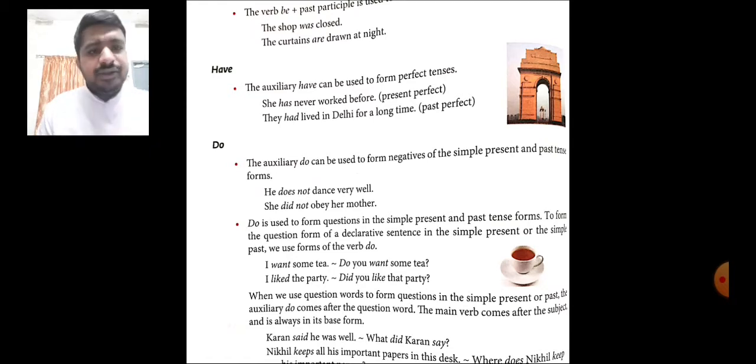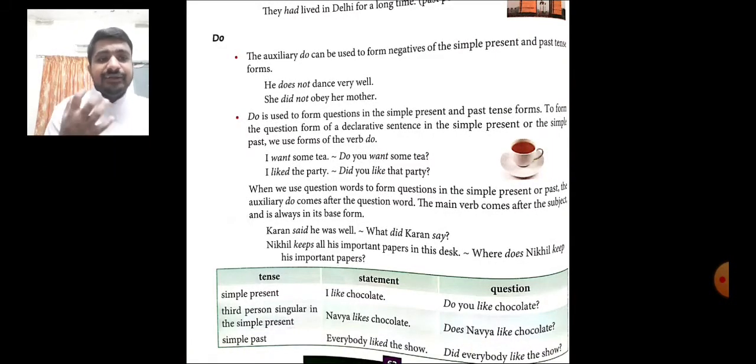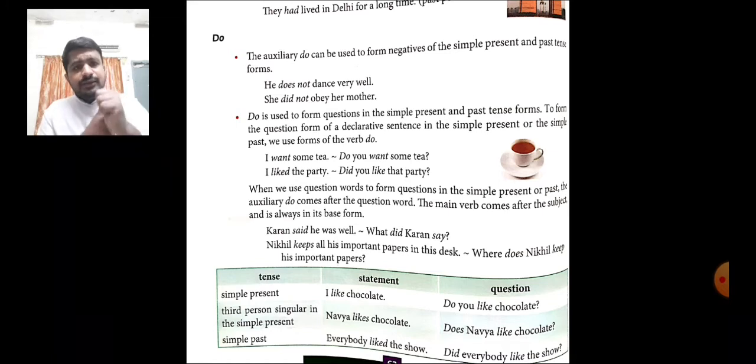That is what we have seen now. Or another example: Nikhil keeps all his important papers in his desk. Where does Nikhil keep his important papers? So first the question word, then the auxiliary verb, then the subject, then the main verb followed by the other things.